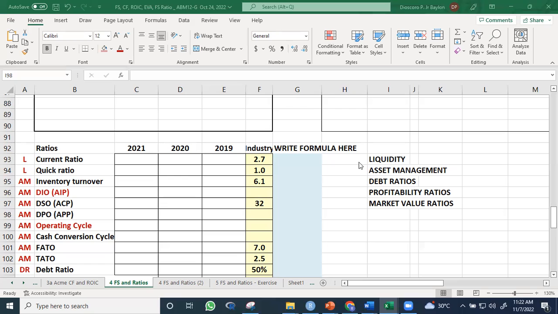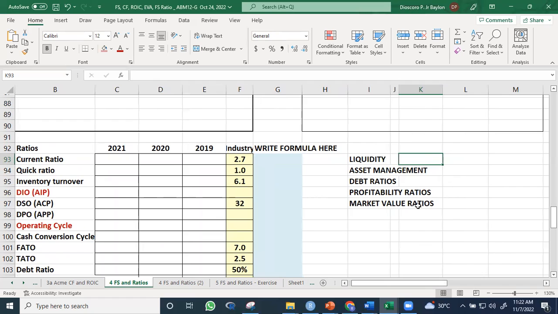So, tapos sabi din ni Miguel, no? Cash flows, yes, related siya sa cash flows, but specifically, class, liquidity refers to the capability of the firm to pay its current obligations. This is more current obligations. Kasi pag long-term obligations na, ang tinitingnan natin solvency. So liquidity is different from solvency.